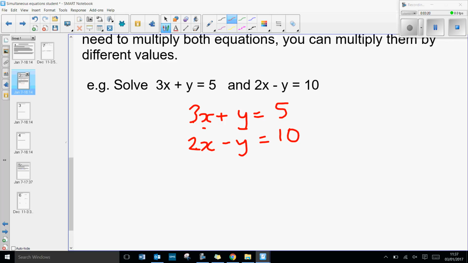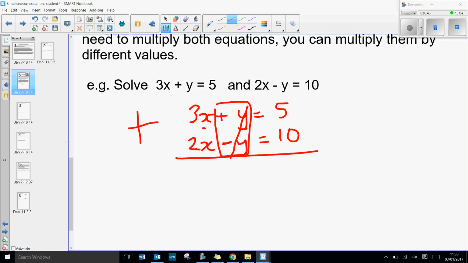We then check whether the sign is different or the same. This one has a plus 1, this one has a minus 1, so we've satisfied that criterion as well. That means when we add these two equations together, the plus y and minus y are going to disappear.